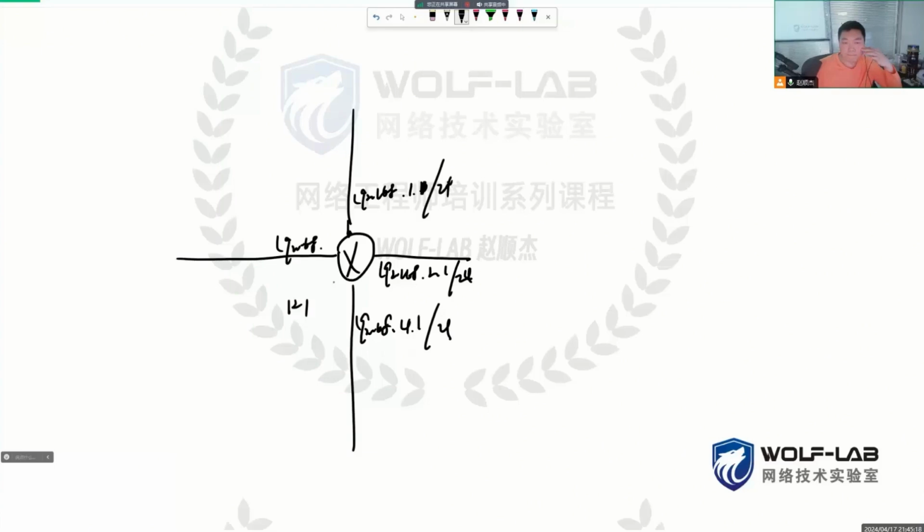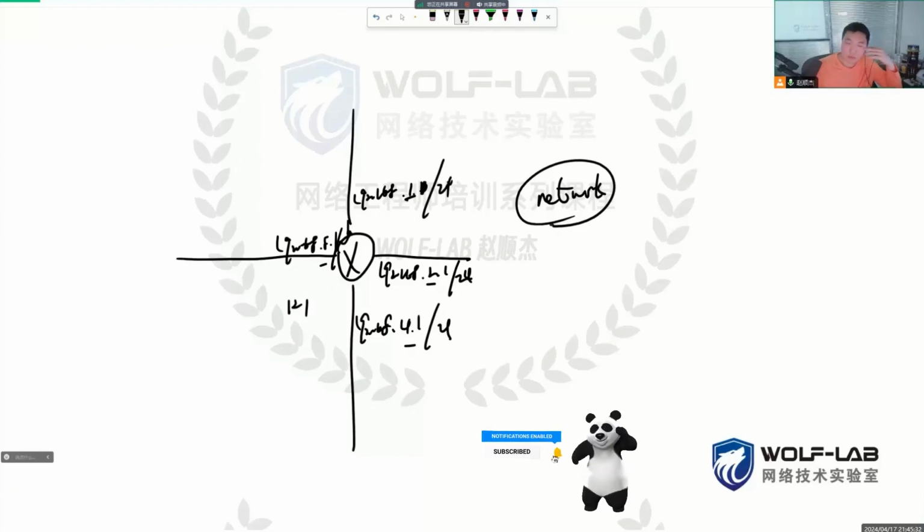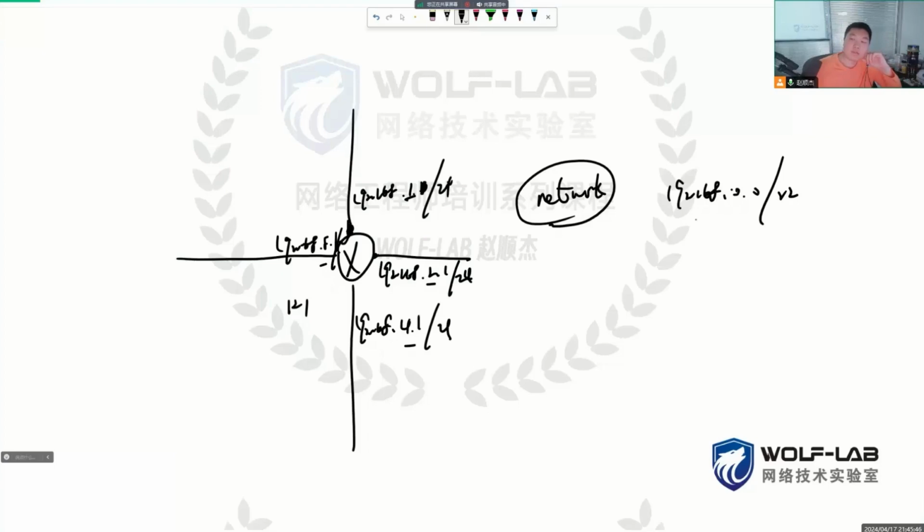The address of the interface below is 192.168.2.1/24. Another interface address is 192.168.4.1/24. And this interface is 192.168.8.1/24.